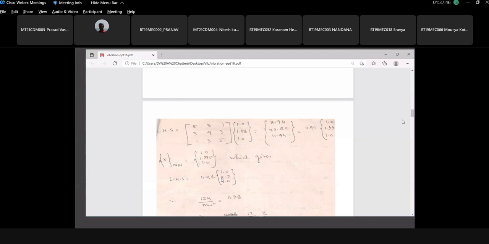No. M inverse K into X vector will be omega square into X vector. Am I correct? Yes, sir. So do you think the way we did our iteration with K inverse M, we can as well do iteration in this manner also?